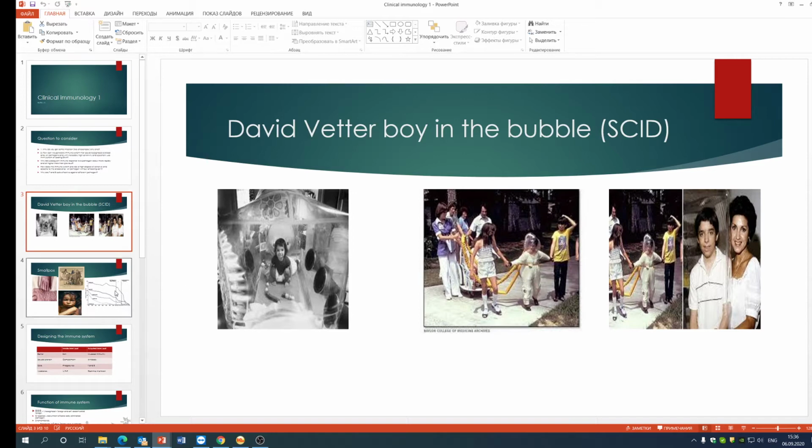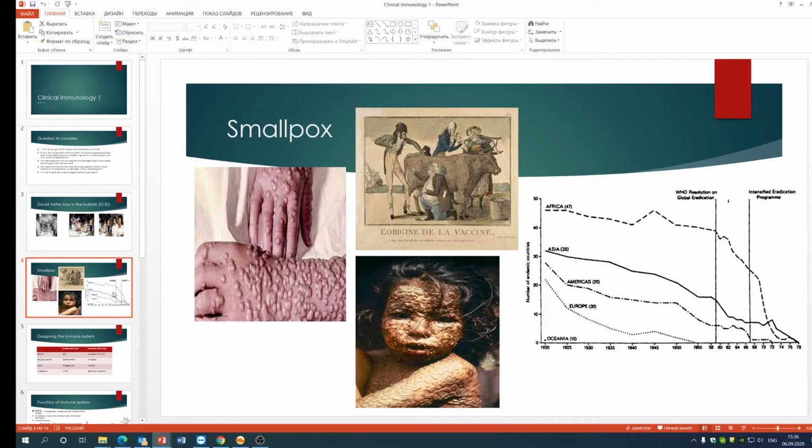The most traumatic infection that mankind has ever seen is smallpox. It killed a billion people and is incredibly dramatic.